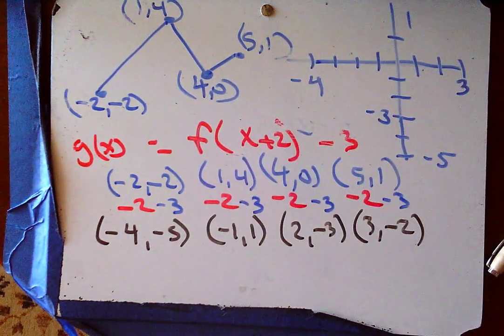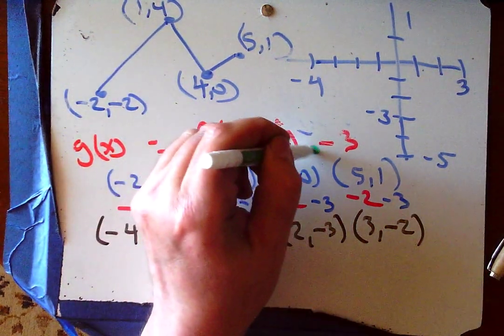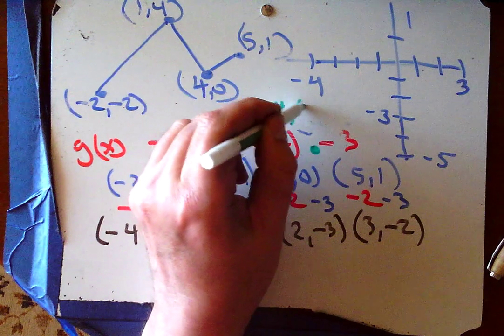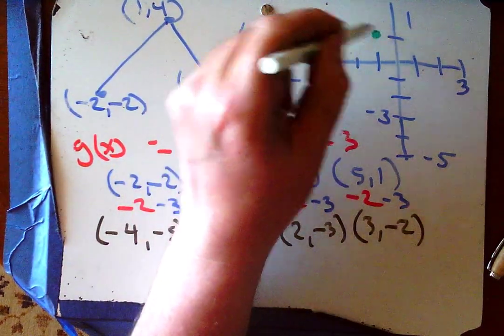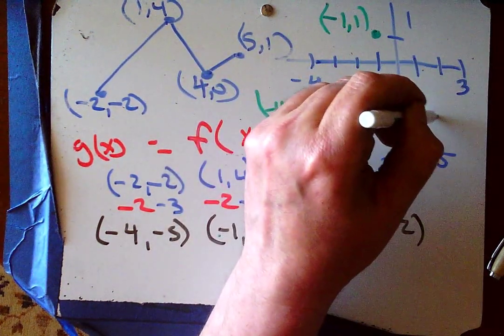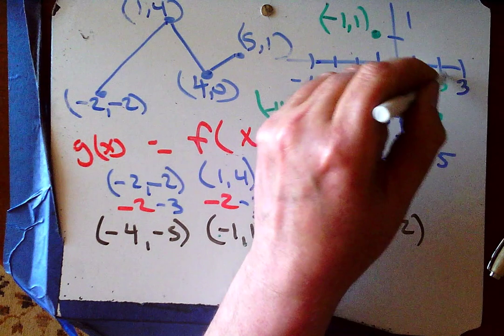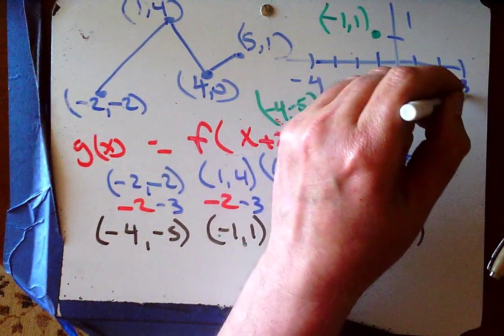Okay, so negative 4, negative 5, that's going to live over here, and yes, I need to label that point. Then I have negative 1, positive 1, that's up here. I have 2, negative 3, and I have 3, negative 2.